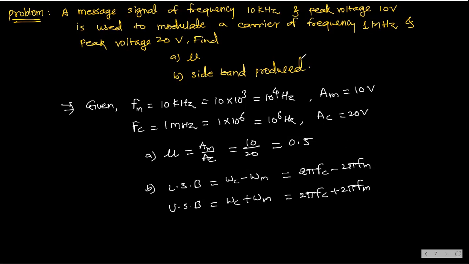Yes, you have fc, you have fm. You can take out this 2 pi outside and just fc minus fm, and here also 2 pi fc plus fm you do, you will get this upper side band and lower side band frequencies. Can you do it now yourself? Yes, do it. We will stop here. Okay.